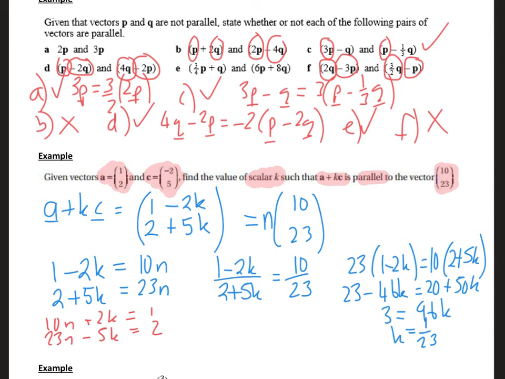So if I type that in, 10, 2, 1, 23, minus 5, 2, then that shows me I've made a silly mistake here. 96 divided by 3 is 32, not 23. I got my 3 and my 2 the wrong way around. So my calculator is telling me that n is 3 over 32 and k is 1 over 32.